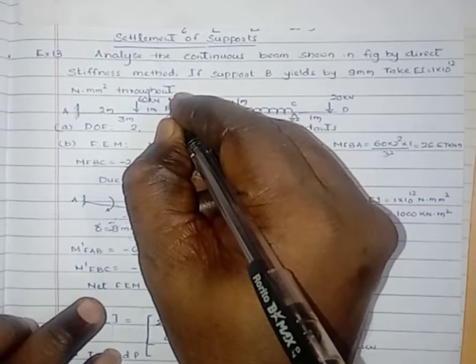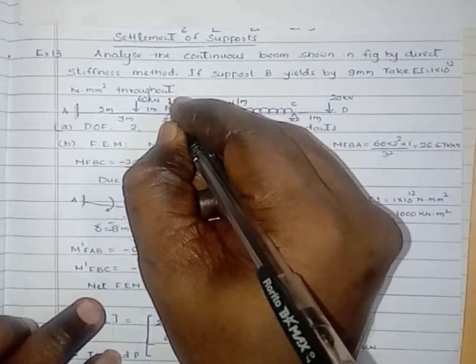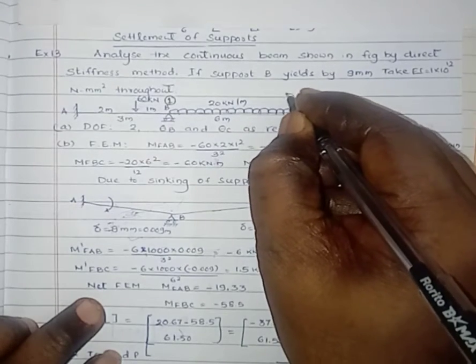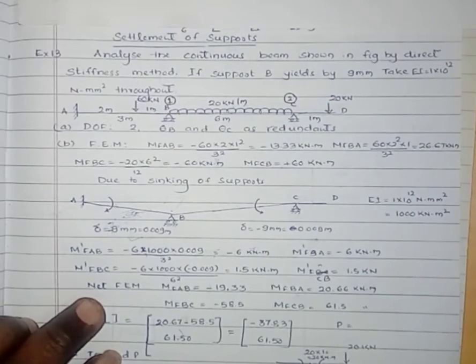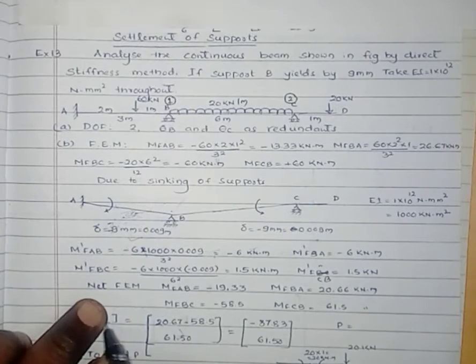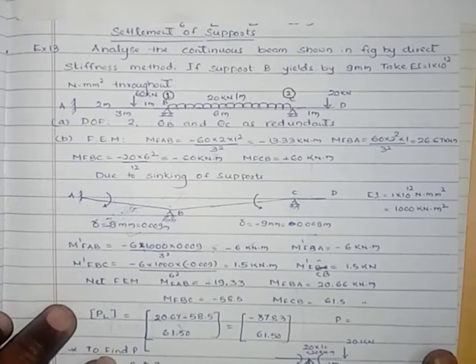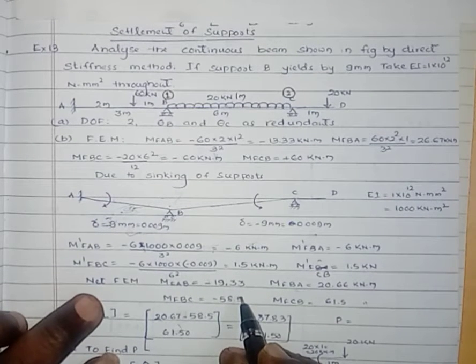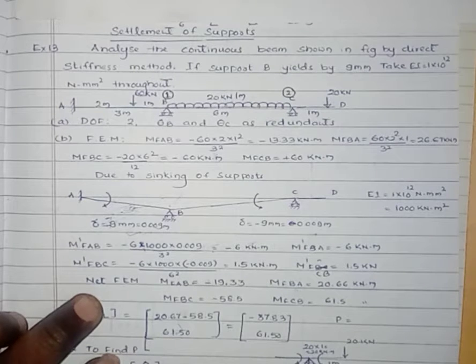Here we have considered theta B and theta C as the redundants. We have to give the coordinate numbers, that is 1 and 2. First we have to get the net fixed end moment due to load as well as the settlement.